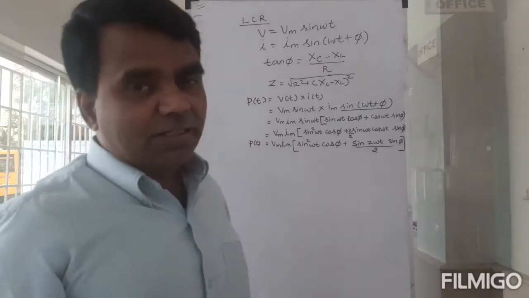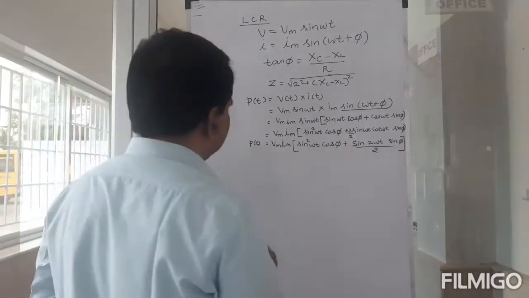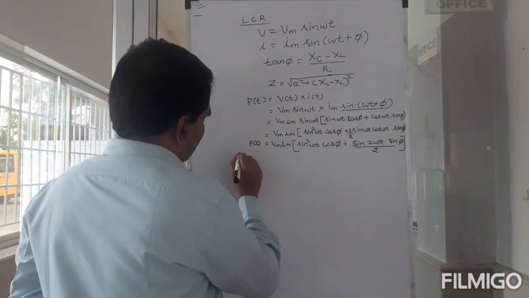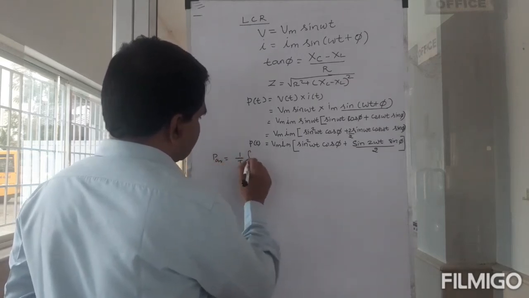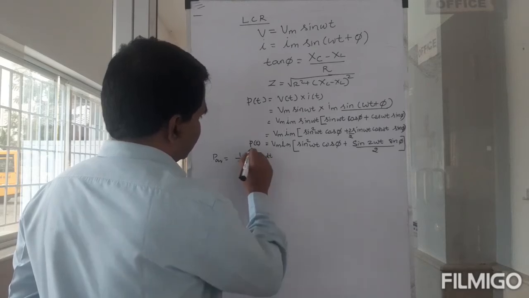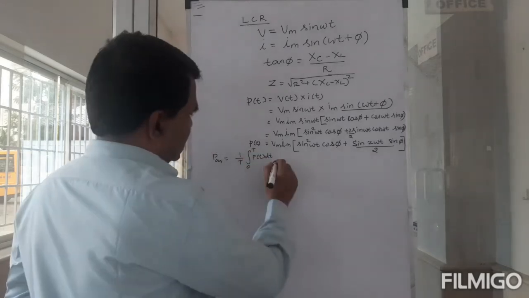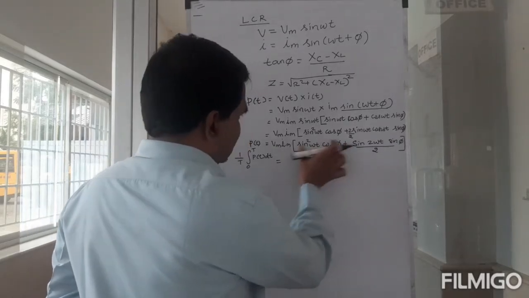But what I'm interested in is finding the average power, right? So average power is equal to 1 by T integral p of t dt from 0 to T. That's what it is. I'll take these two terms separately.